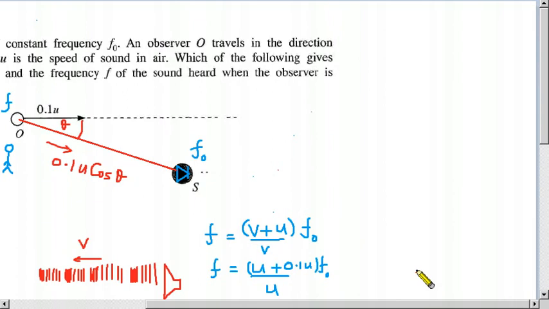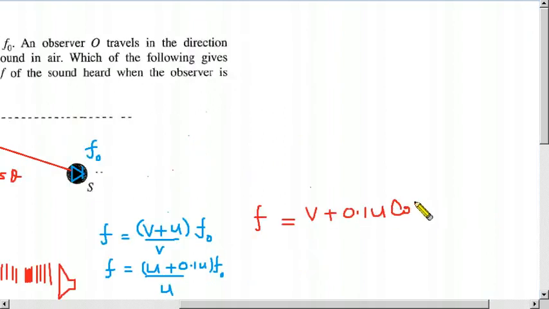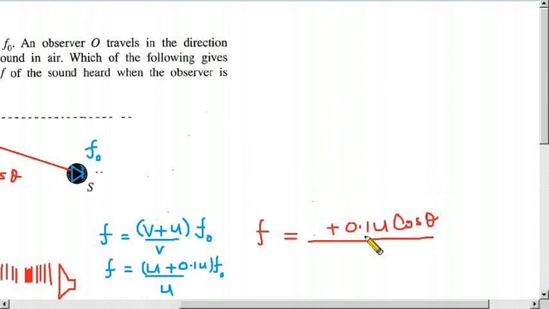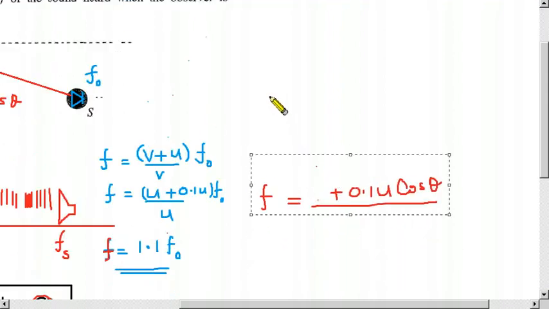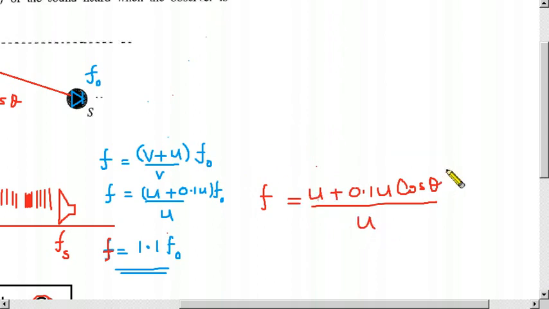So if you calculate correctly, you have to write like this: 0.1 u, not only that, cos theta, divided by... here it is not v. We are going from this step, from the second line. So this one is u, this one also u.